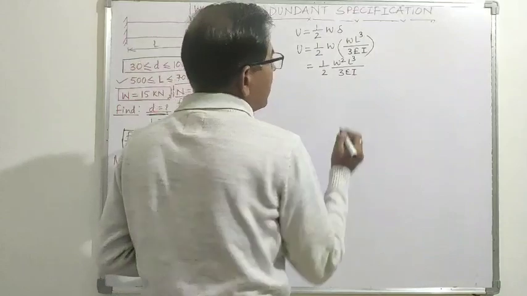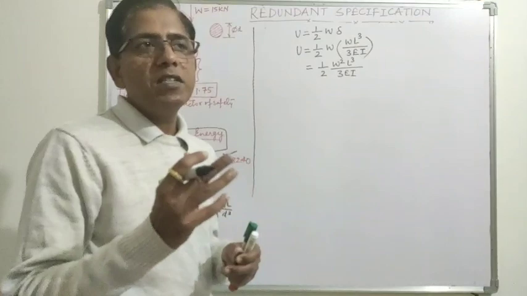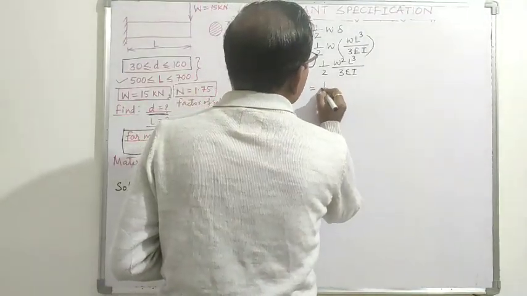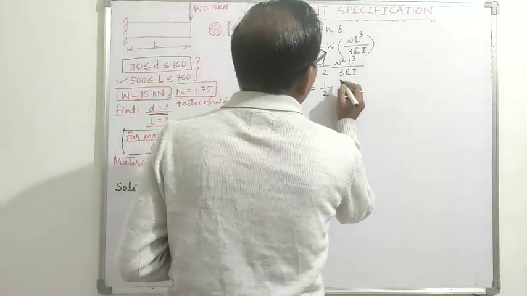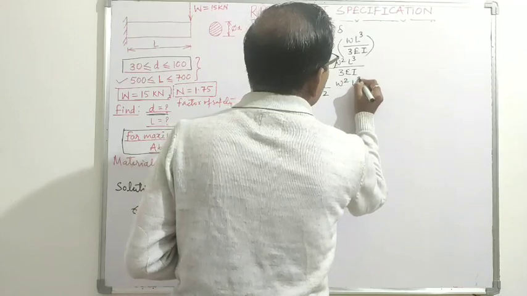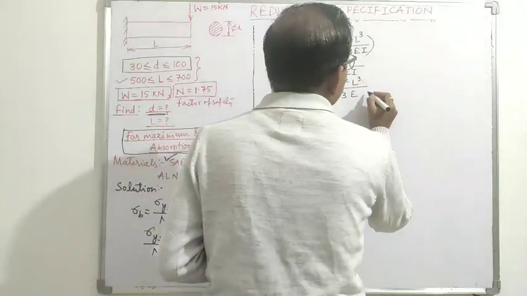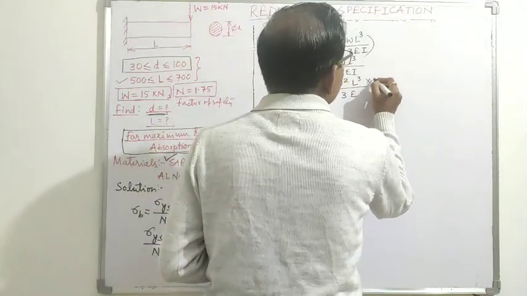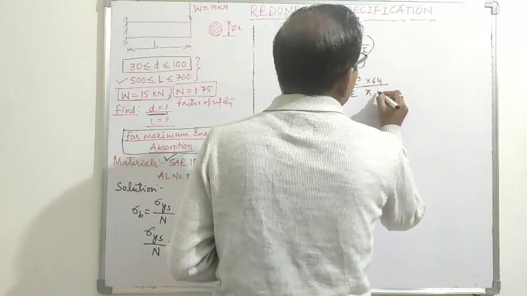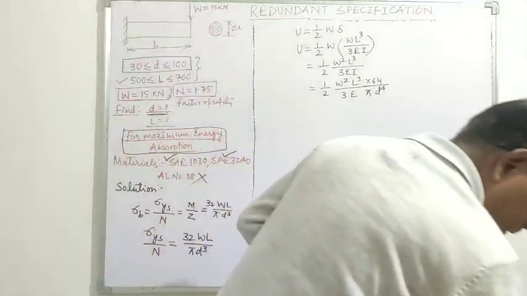Now we know that I is the moment of inertia, which is given by π/64 d^4. So this is 1/2 × W²L³/3E × 64/(π d^4).